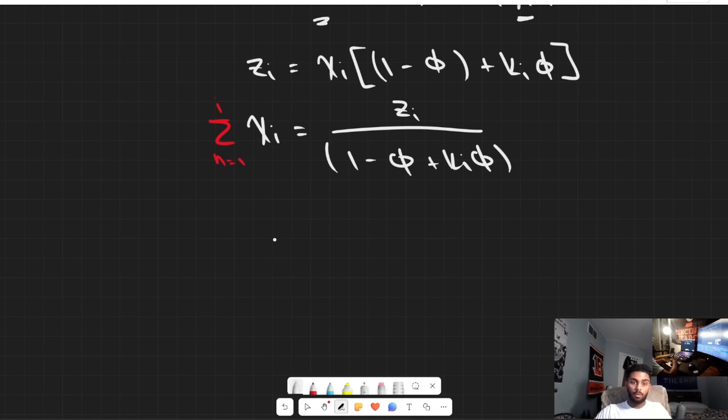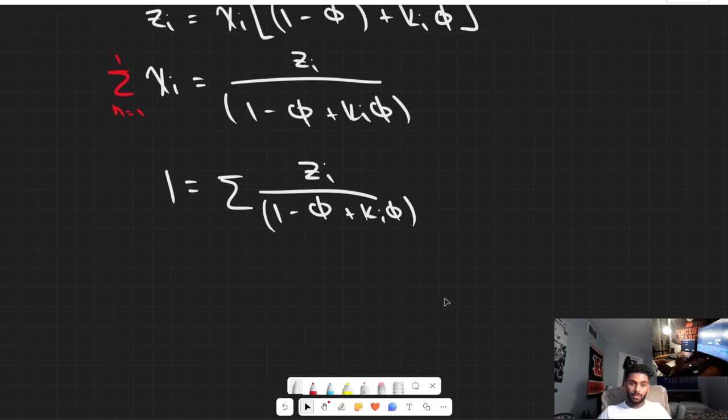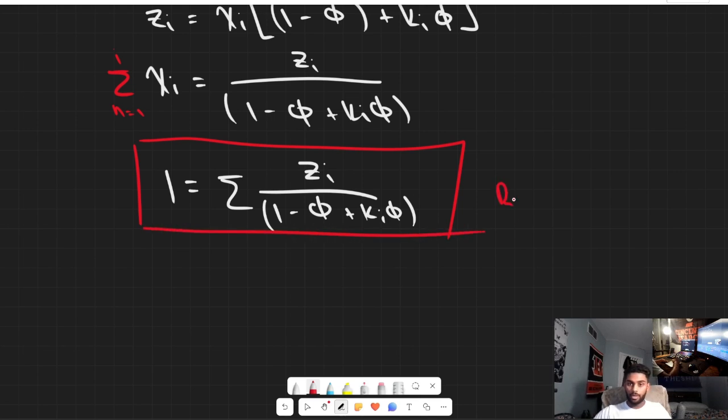So now what we're left with is 1 is equal to the sum of zi over 1 minus phi plus ki phi. And this, ladies and gentlemen, this equation right here is our Rachford-Rice equation.